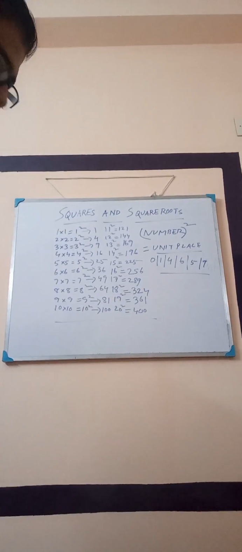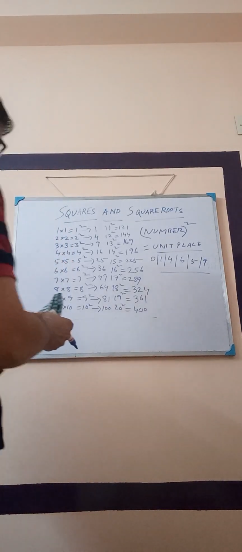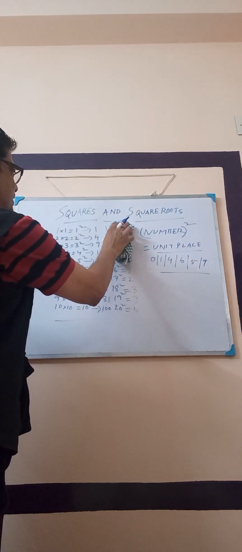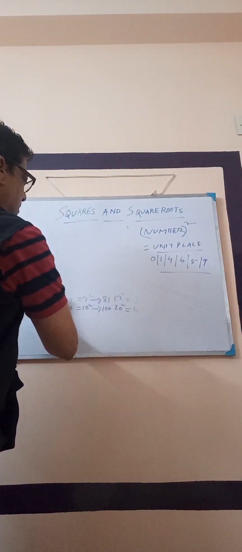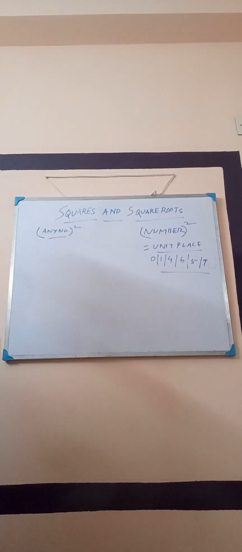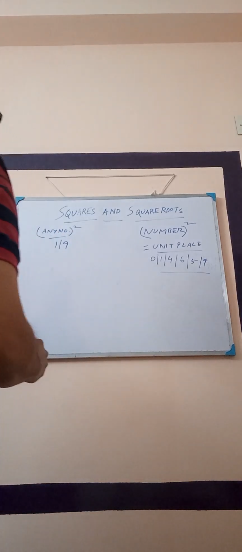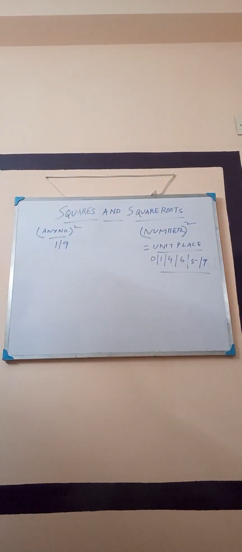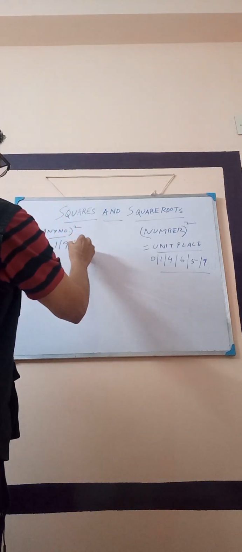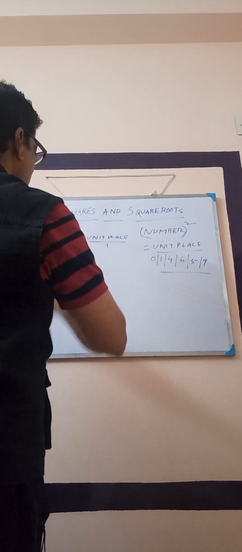Now let us check. If I square any number that ends with either 1 or 9, then in the unit place of the square I will get 1.